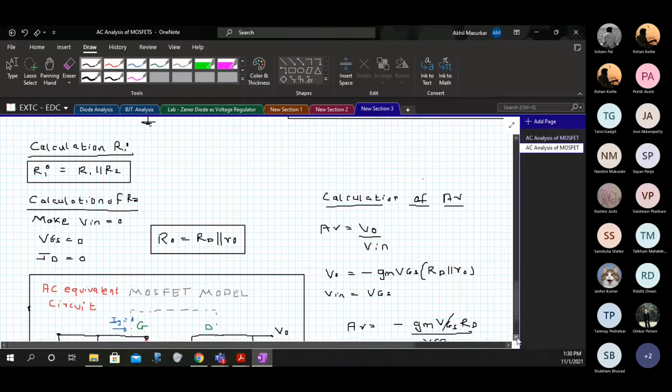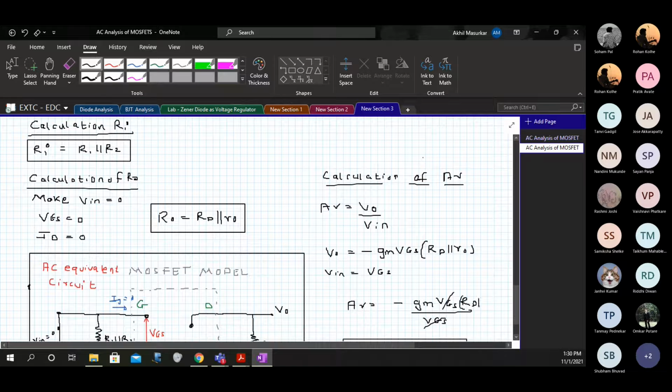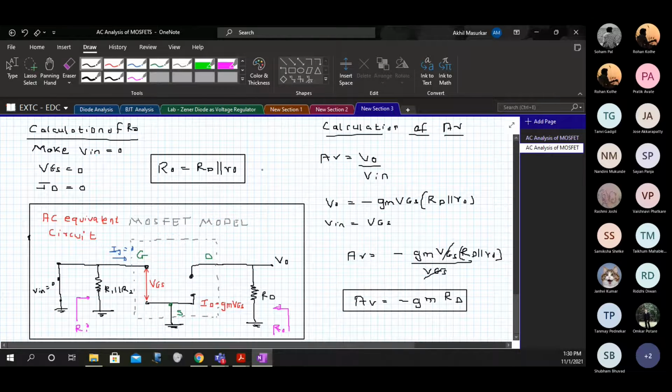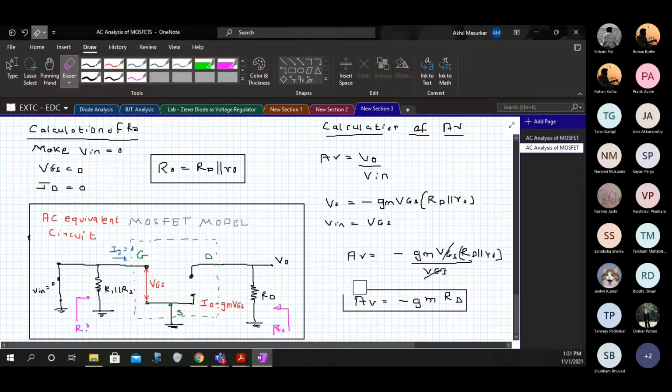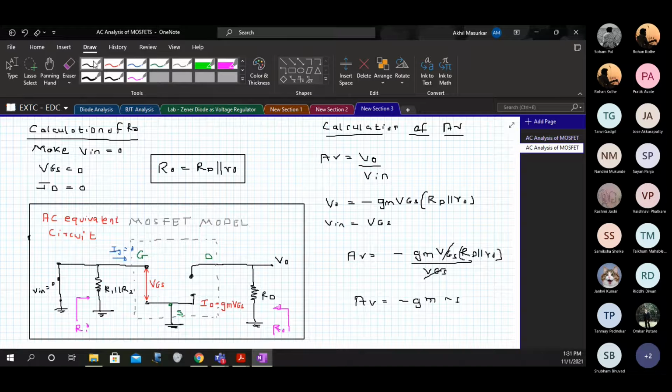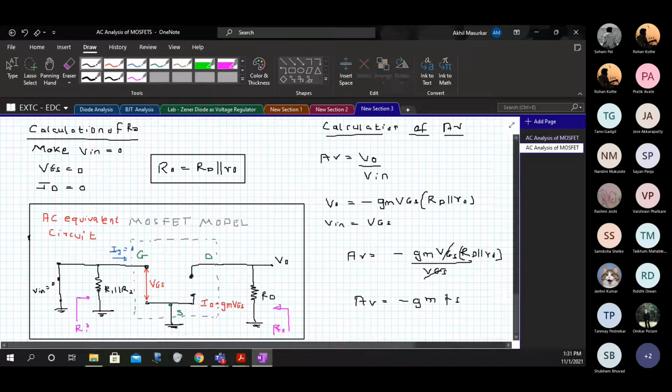This will also become RD parallel with R0. And here the equation for the voltage gain will be GM times RD parallel with R0.